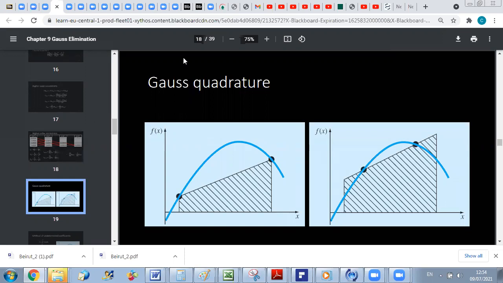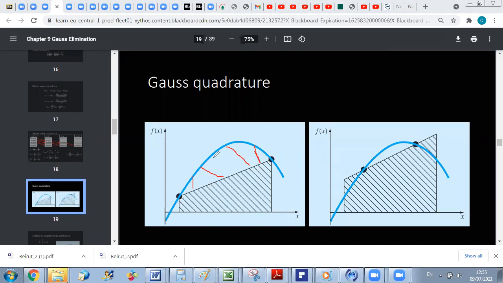But it has the disadvantage of high error when you have high f-seconds. So when you have high curvatures, the trapezoidal rule will not work very effectively. So what can be the solution? We said, why not take advantage of a linear profile, which is a very simple profile, but reduce this error? How can we do this?